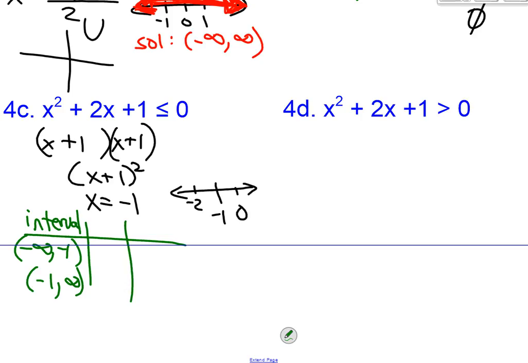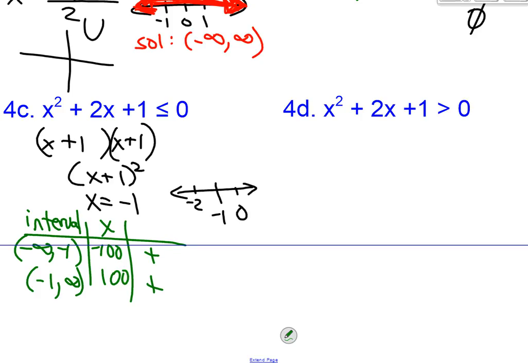I can just pick a super negative x, like -100. -100 plus 1 is a big negative number, times a negative is a positive. And if it's a big number like 100, 100 plus 1 times 100 plus 1, a positive times a positive is also a positive. So in both intervals, it is positive.